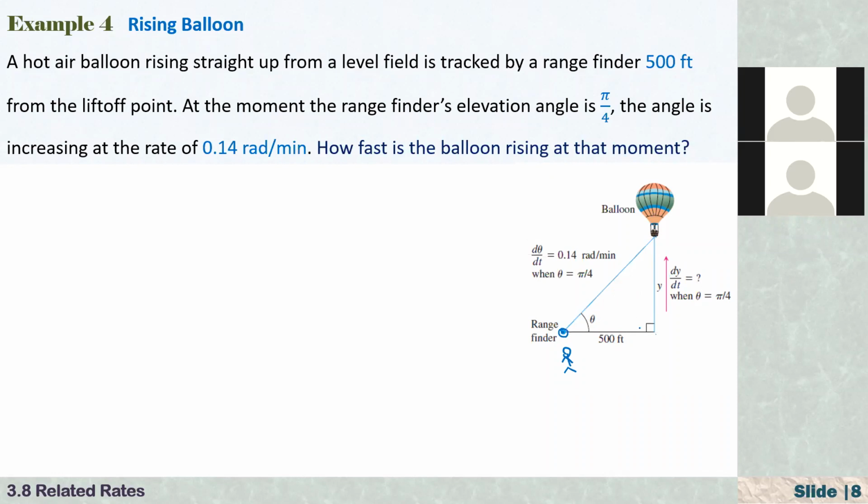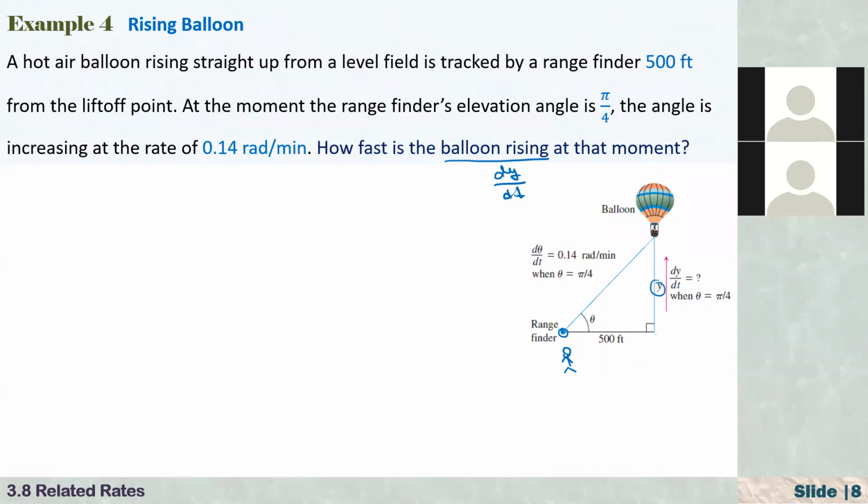And here we have two things: the horizontal distance from the lift-off point of this balloon, and after that, the height of the balloon and the distance between rangefinder and this. From here, how can we connect this? Because the question is, how fast is the balloon rising? If we denote the height by y, we need to find dy dt.